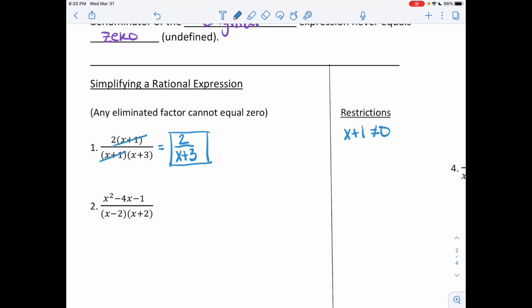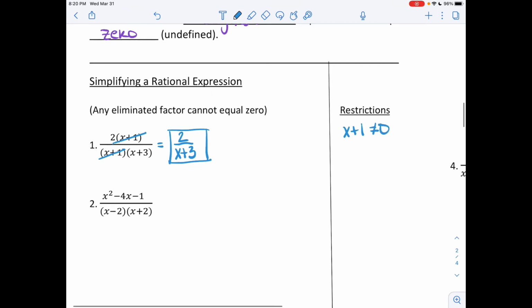So x plus 1 cannot equal 0. And in order to solve for what x is, I need to subtract 1 from both sides. So x cannot equal -1. And that is actually part of your answer. You have to report that or it's not a complete answer.